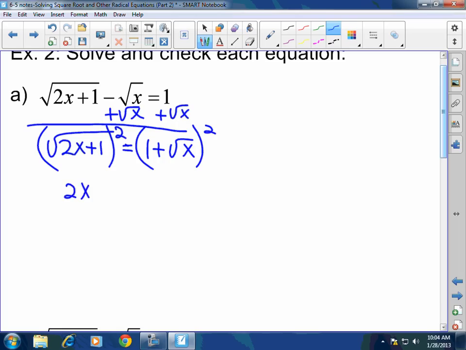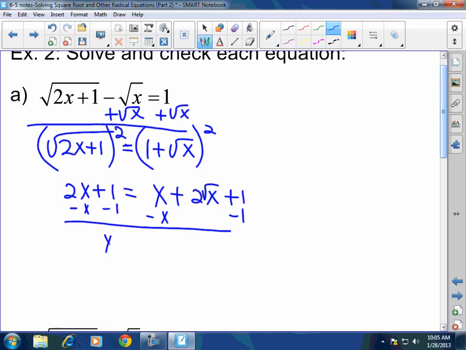So this is 2x plus 1 equals x plus 2 radical x plus 1. Subtract the 1 from both sides. Subtract this x from that side. I get x equals 2 radical x. Square both sides. X squared equals 4x.